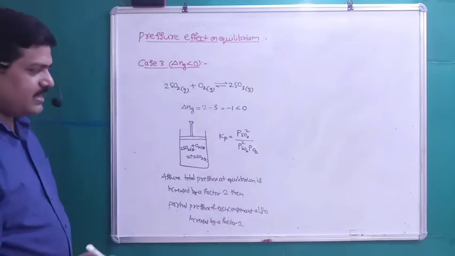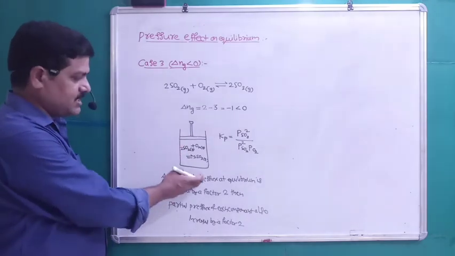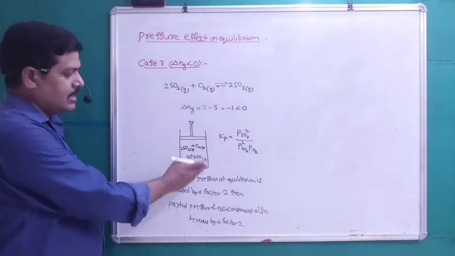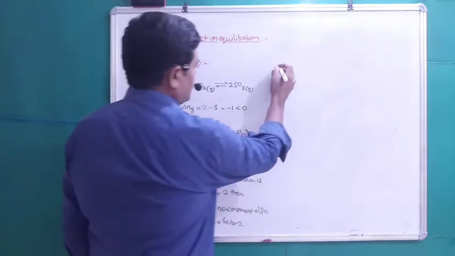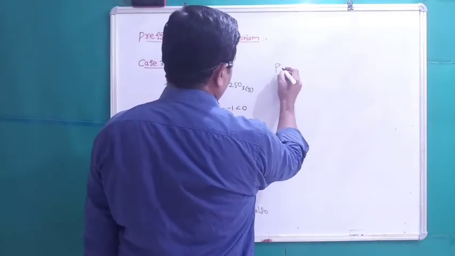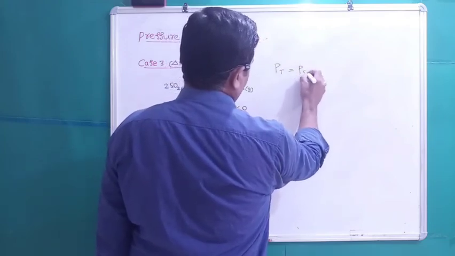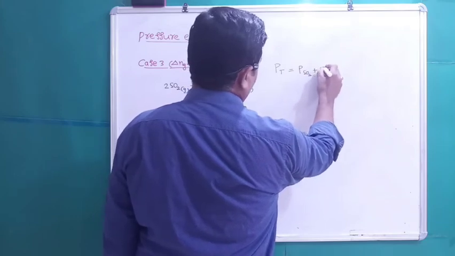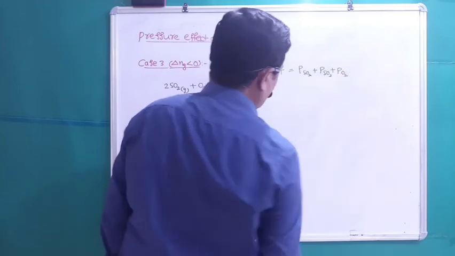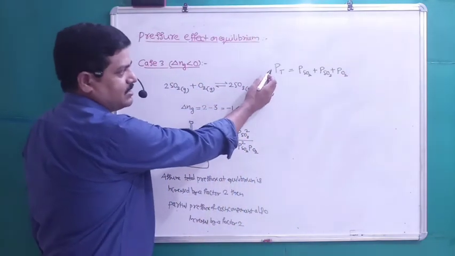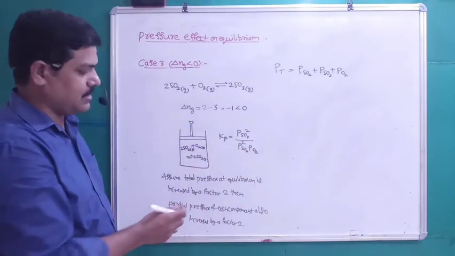So when we increase the total pressure by adjusting the piston, we are assuming that the total pressure increases by a factor 2. Then the partial pressure of all the components increases by the same factor, because according to Dalton's law of partial pressures, the total pressure at equilibrium is the sum of the partial pressures: partial pressure of SO2 plus partial pressure of SO3 plus partial pressure of O2, right? When this is increased by a factor 2, each component's partial pressure also increases by the same factor 2.